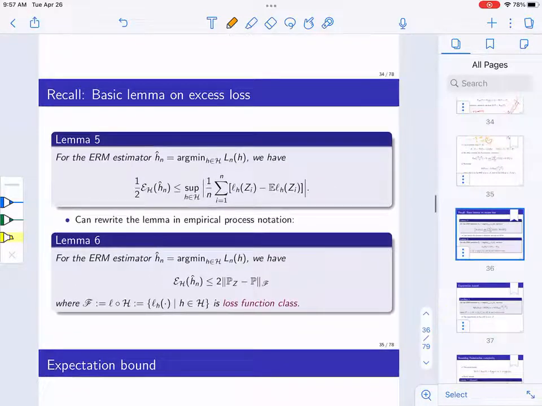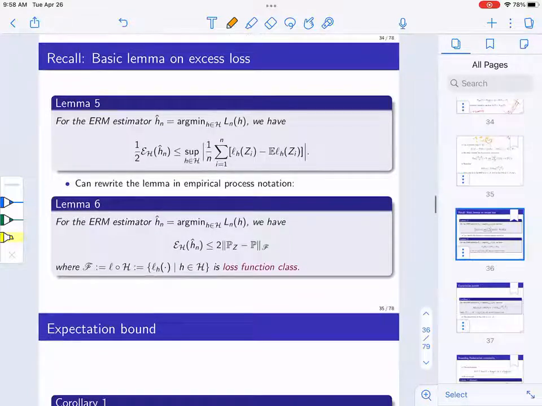Okay, so back to the same basic lemma that we had. This side I can write again as twice the supremum of the empirical process, where F is the loss function class. That's just a rewriting of the bound that we had on the excess risk.